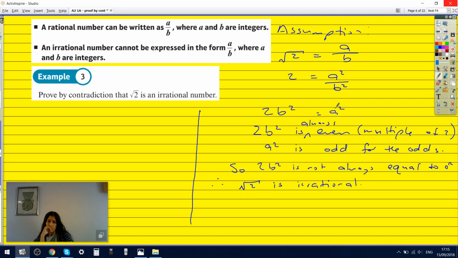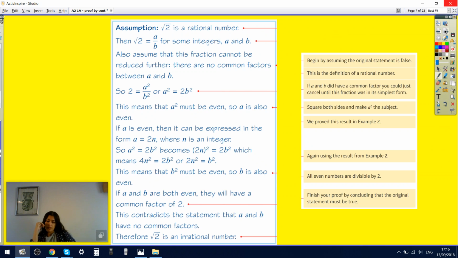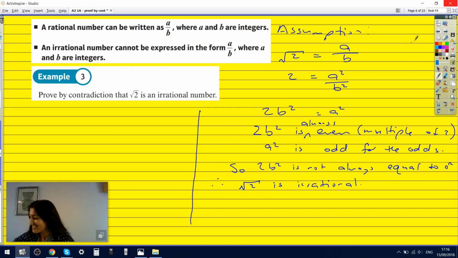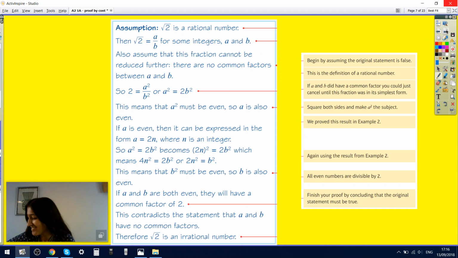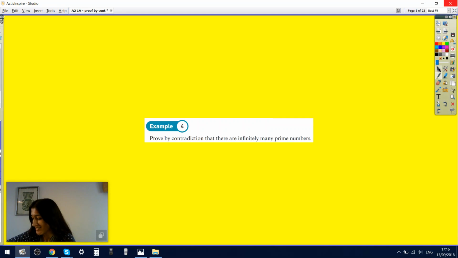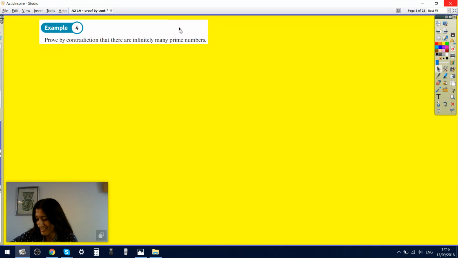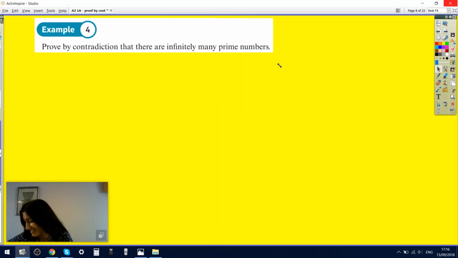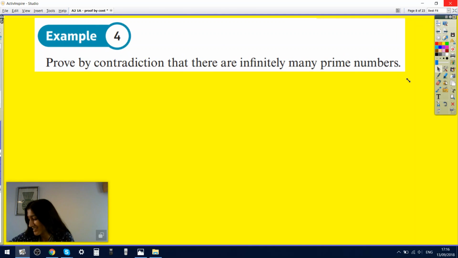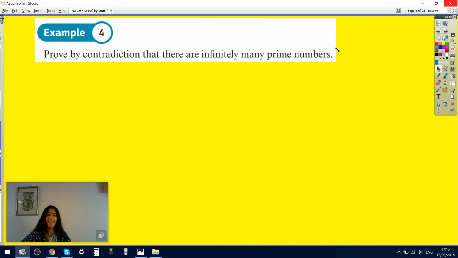Yeah, they said if a squared is an integer, then a must also be an integer. No, our way is fine. Any questions there? Okay. No. So there's lots of different ways to prove it. Our way was fine. Okay. Any idea about this one?